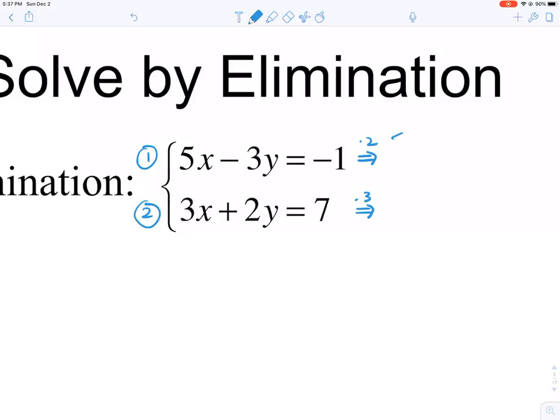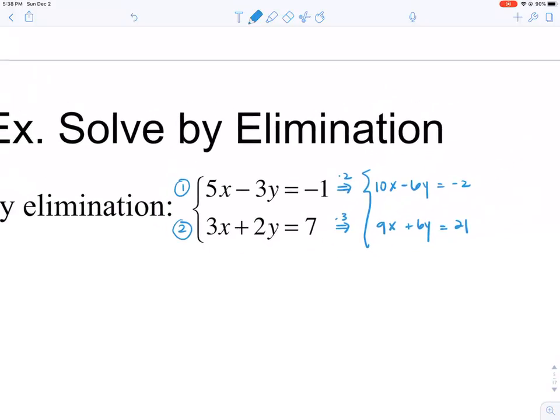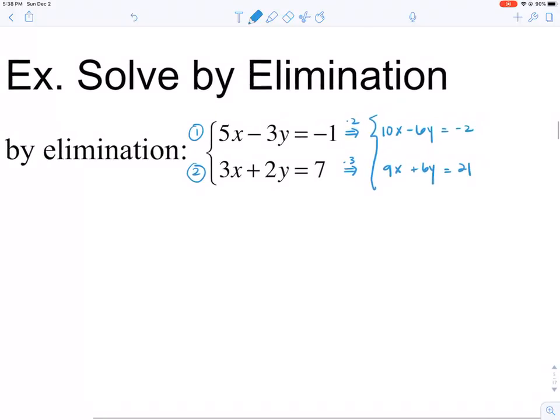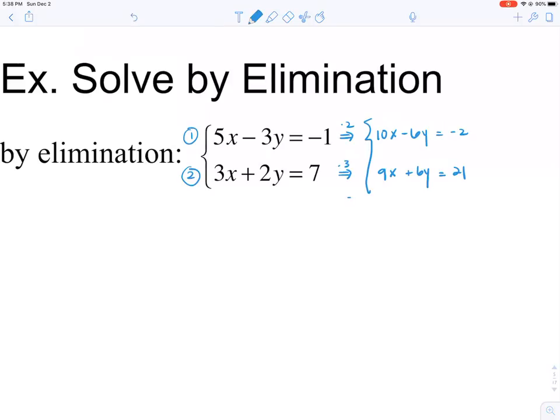So then when we do that, I'll have 10x minus 6y equals -2, and 9x plus 6y equals 21. So now the y's have opposite coefficients, so I'm ready to add. I'll get 19x equals 19.